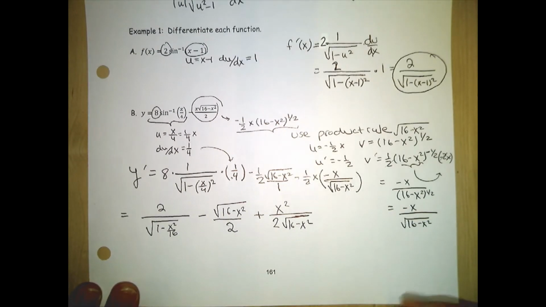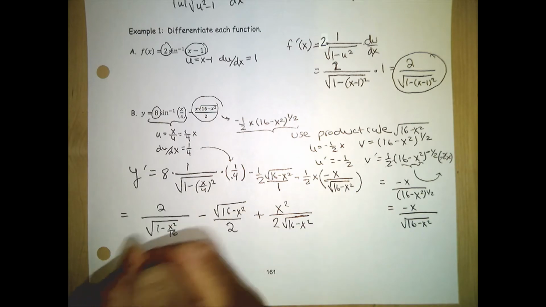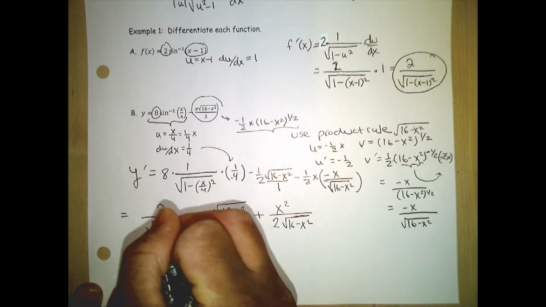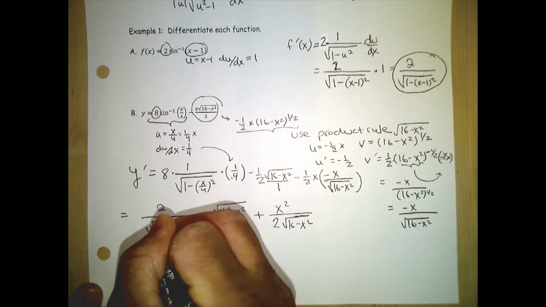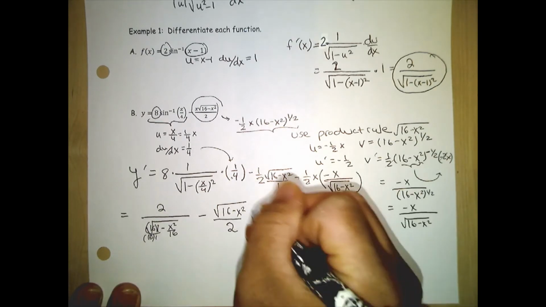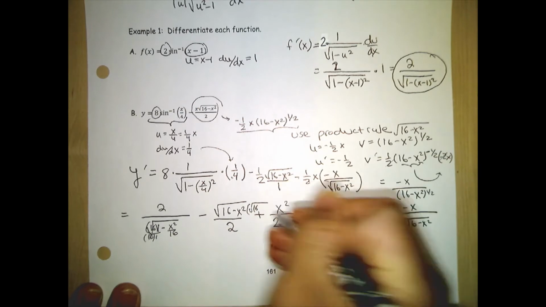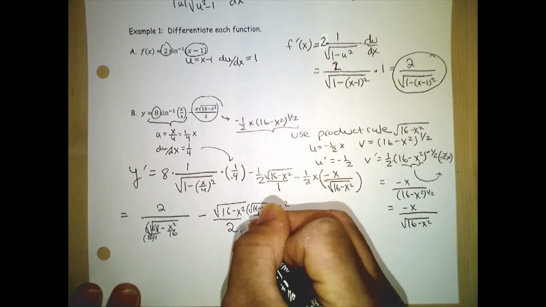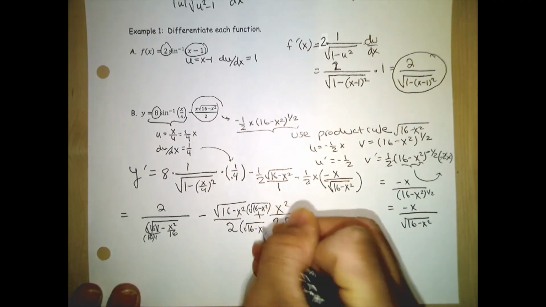Now, let's find a common denominator. The square root term is really over 1, so we'll multiply by the square root of 16 minus x squared over the square root of 16 minus x squared.